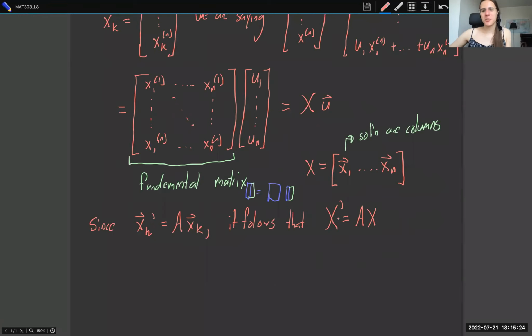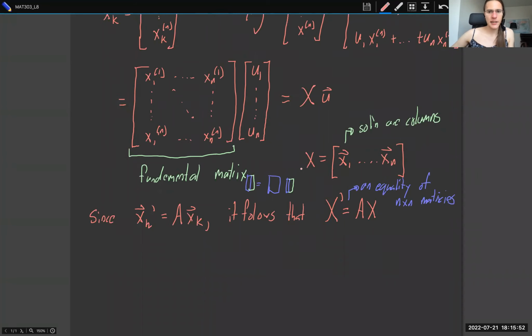So how matrix multiplication works is that this is an equality of n by n matrices. And this is actually going to be very useful. This construction of the fundamental matrix is great.